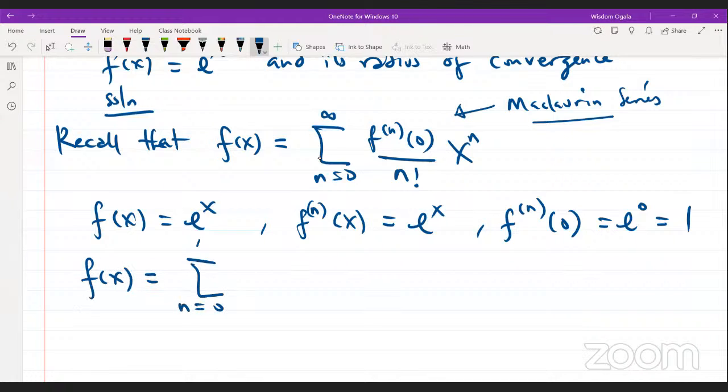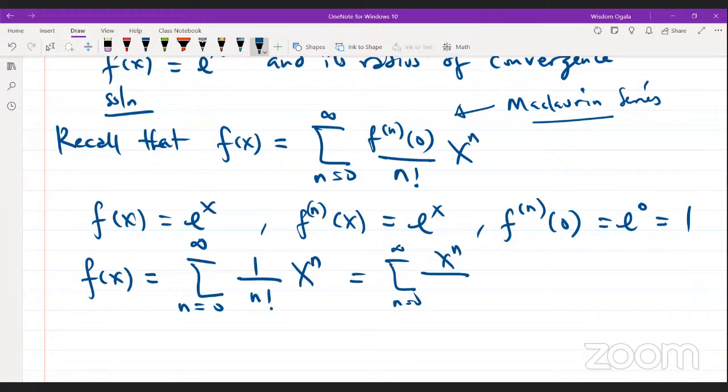So what is my f of x going to be? The sum from 0 to infinity. f^(n) of 0 is already 1, so I just have 1 over n factorial times x to the n, which I can just write as x to the n over n factorial.